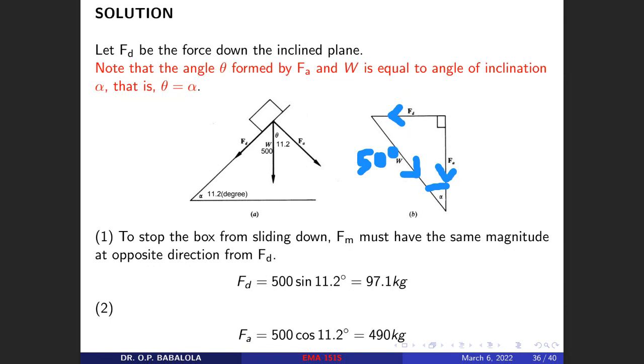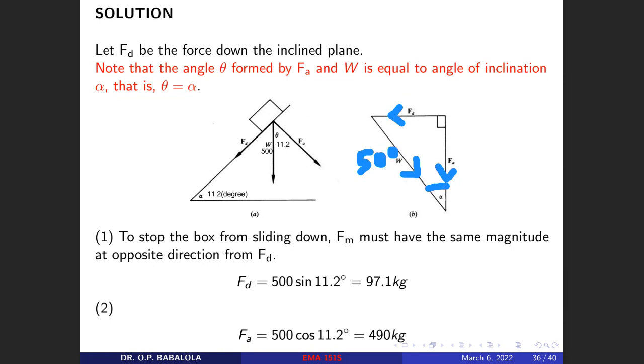This is just an example. I'm not specifically pointing to the units here. I want you to understand resultants and how we apply Pythagoras theorem, compute angles, and all of that.